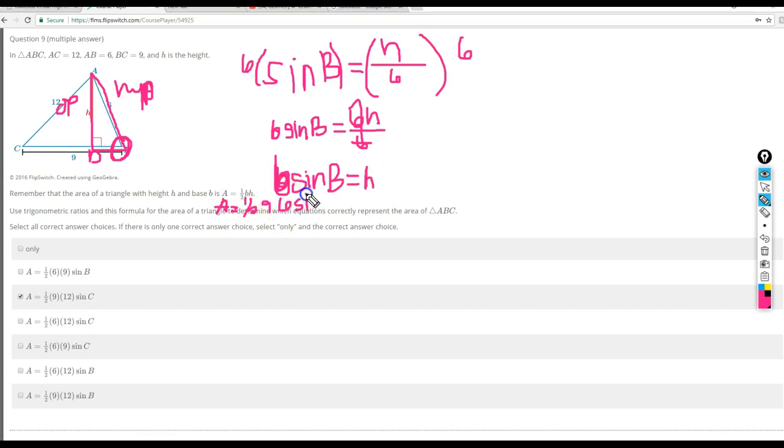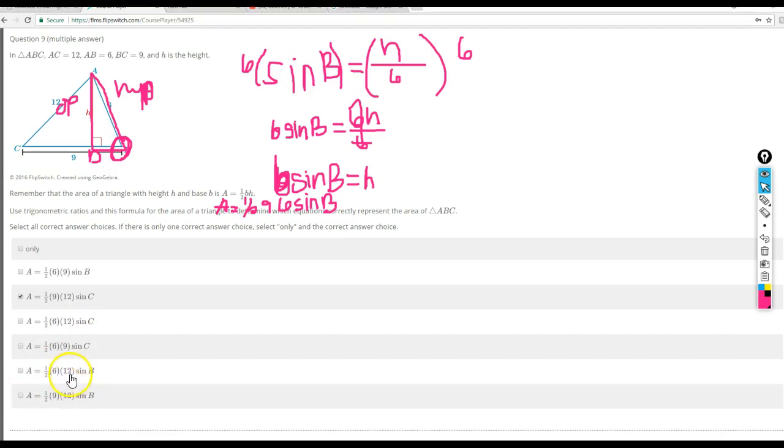So the options are 1/2 times 6 times 9 times sine of b, 1/2 times 6 times 12 times sine of b, and 1/2 times 9 times 12 times sine of b.